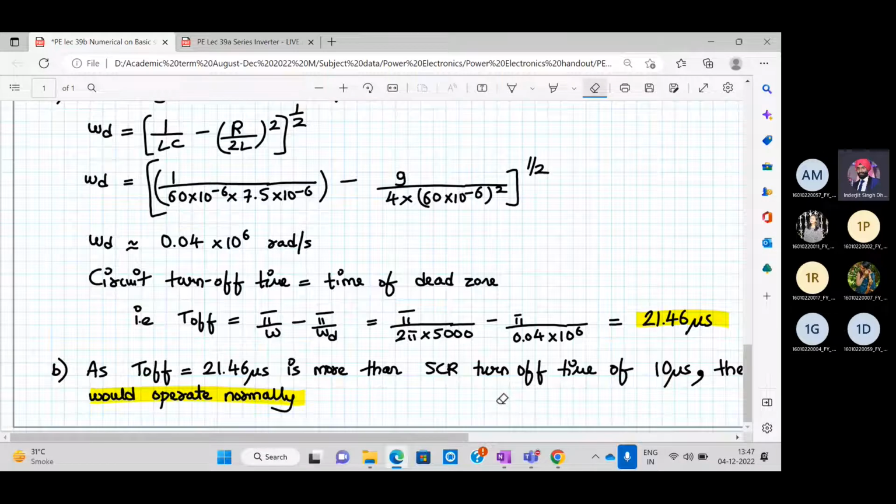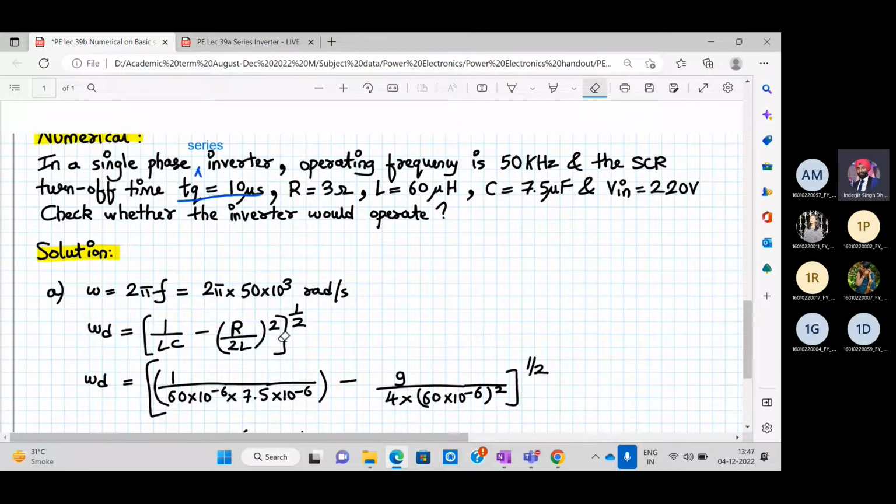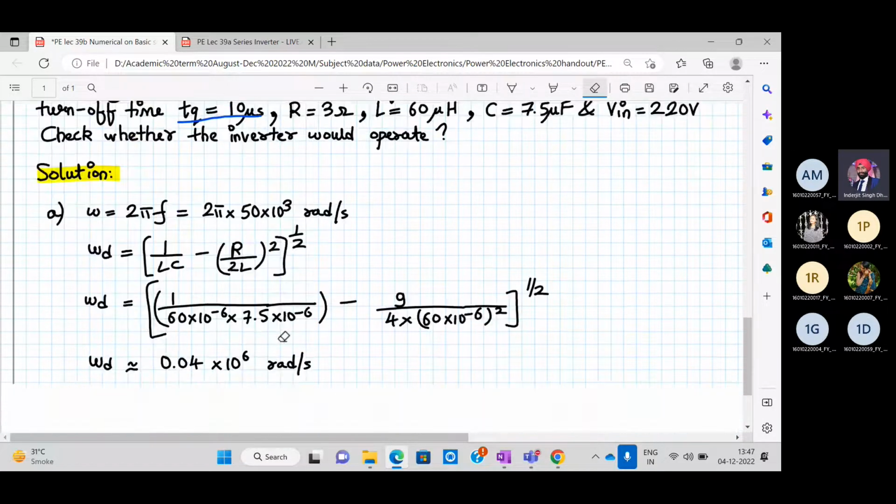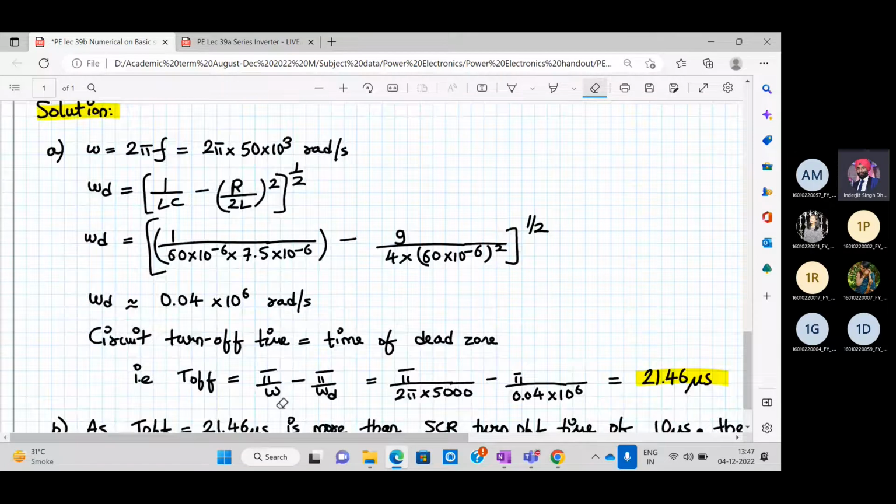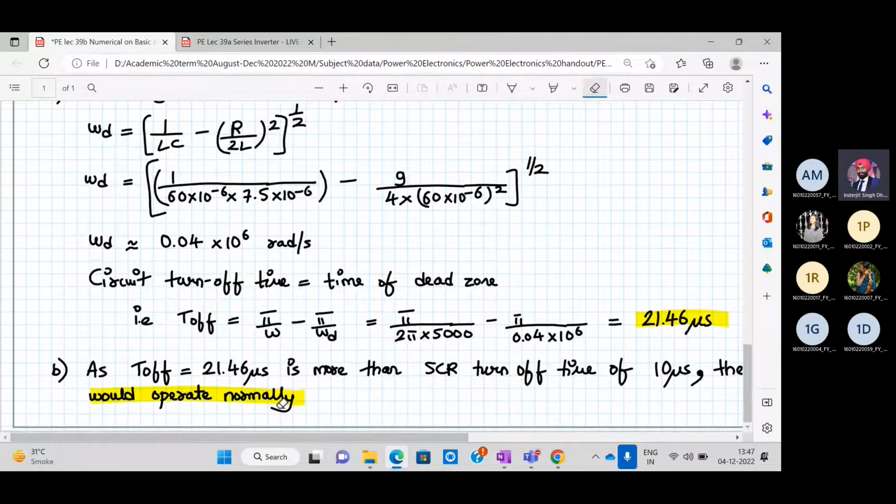Is this clear to you, how to solve this numerical? You have to just calculate omega d and omega. That's it. Very simple task. Two formulas are there. Here we are using formulas 1 and 2 and we are getting the result. Such type of numerical can be asked for 5 marks in the exam. So please expect numericals also in the paper.